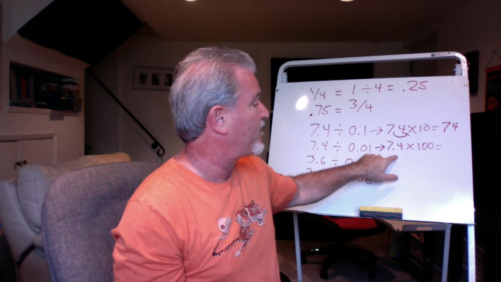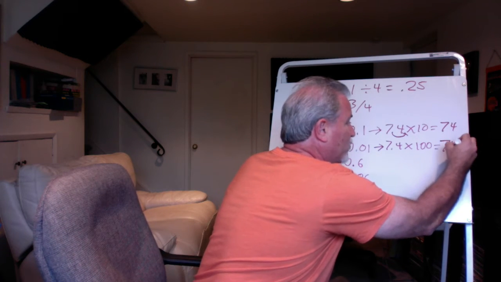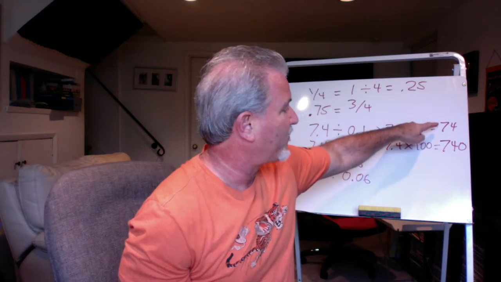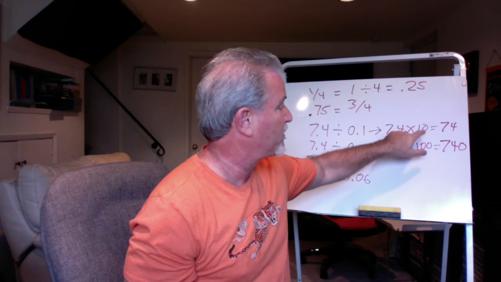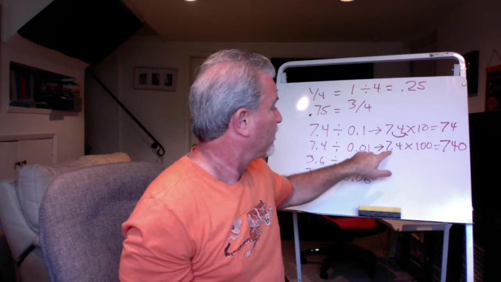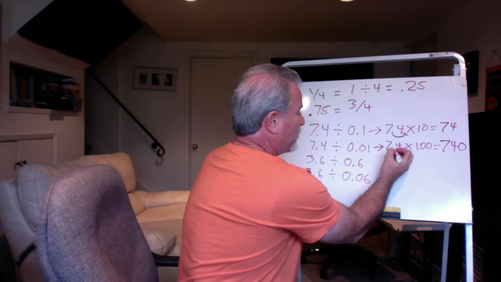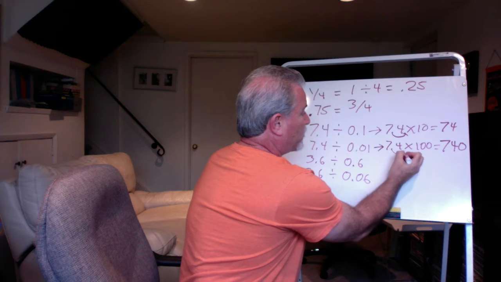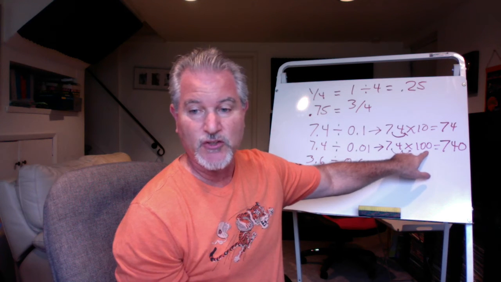Same thing with 7.4 times 100. This is going to end up being 740. You can see that this number is 10 times bigger than this number, because 100 is 10 times bigger than 10. So with 7.4 times 100, you take the decimal point and move it 2 spots to the right, because 100 has 2 zeros in it.